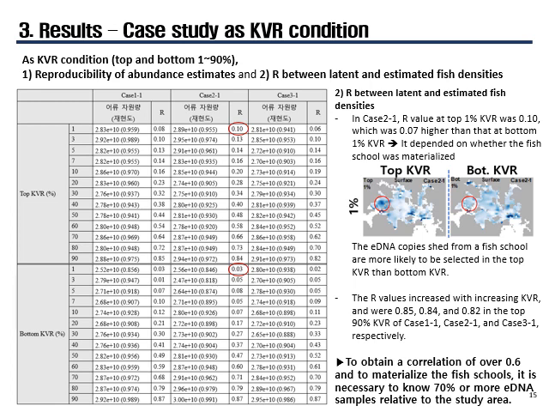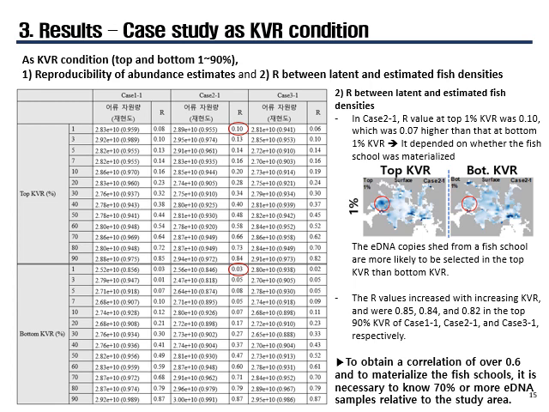The eDNA copies shared from pitch score are more likely to be selected in the top cable than bottom cable condition. And the R values increased with increasing KVR, and it was 0.85, 0.898 and 0.82 in the top 90% KVR of case 1, 2, 3 respectively.